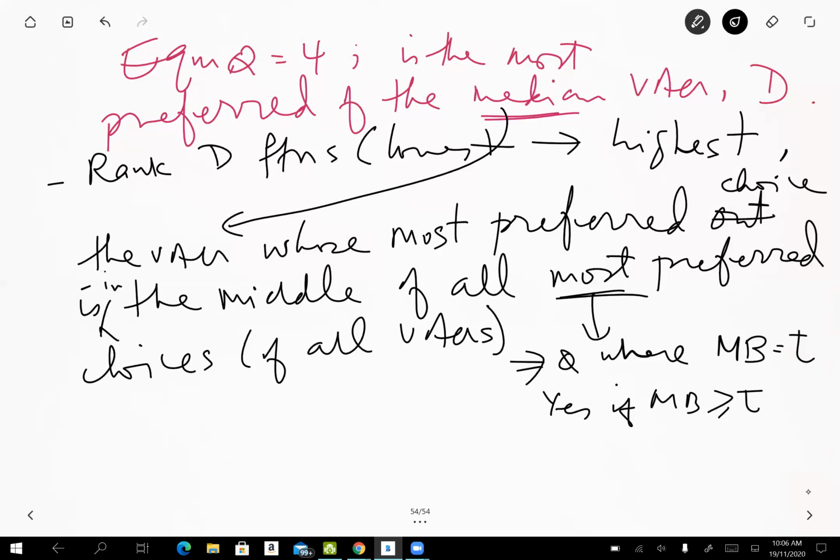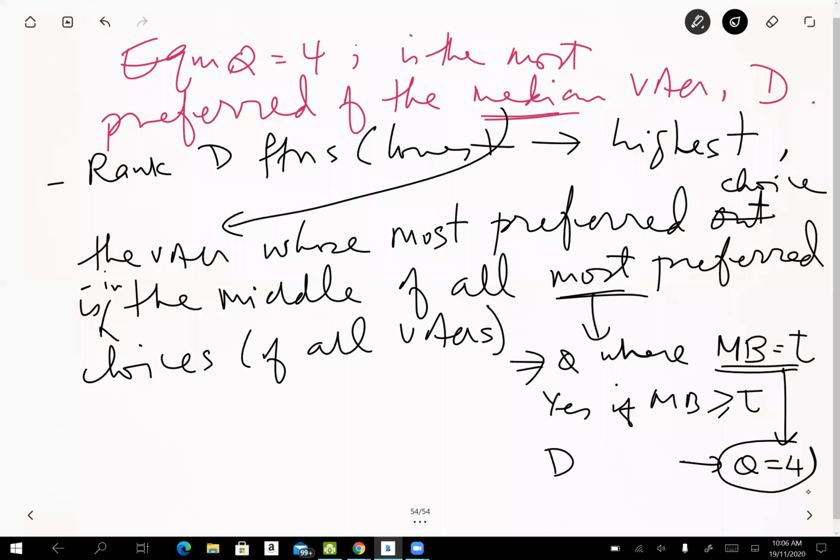For example, the middle voter D, his most preferred choice is 4. Why? Because at Q equal to 4, the marginal benefit is just equal to the tax. So that is for voter D, the median voter. The median voter is very important. In the democratic process, as we will discuss later on, the median voter is most important.